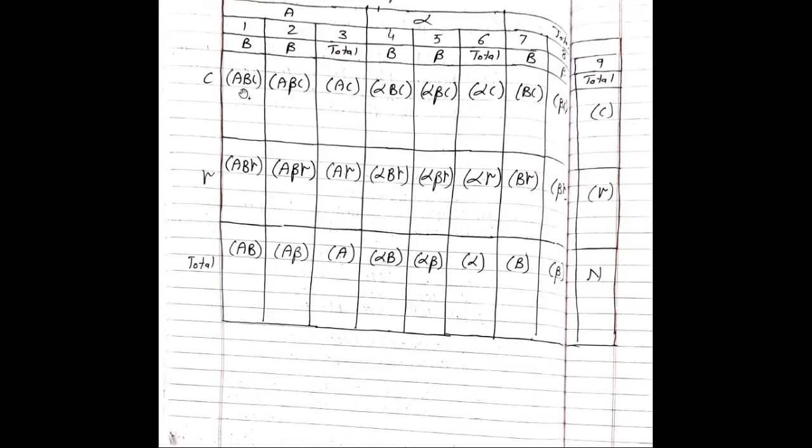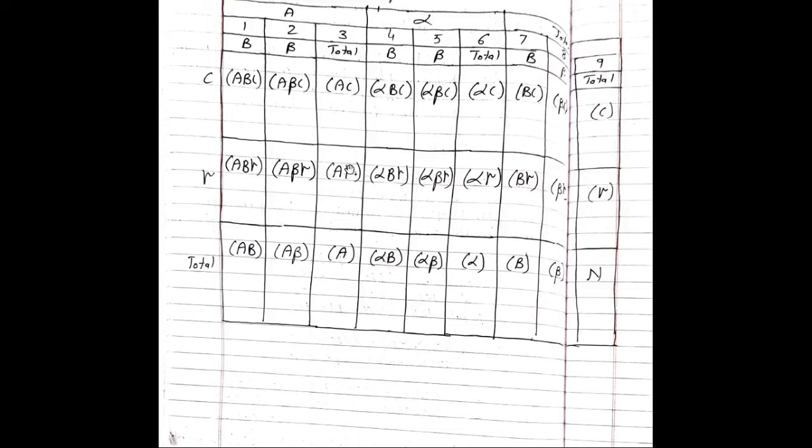So we will name the cells. This cell can be given the name ABC. This cell is A beta C. This is the total of AC. Alpha BC, alpha beta C, total of alpha C, total of BC, total of beta C, and total of C. This cell can be written as AB gamma, A beta gamma, A gamma.